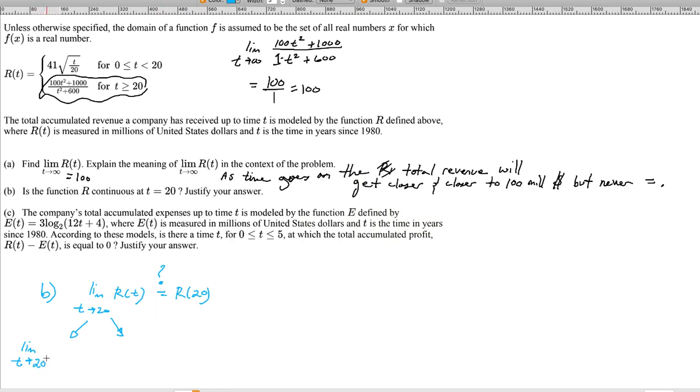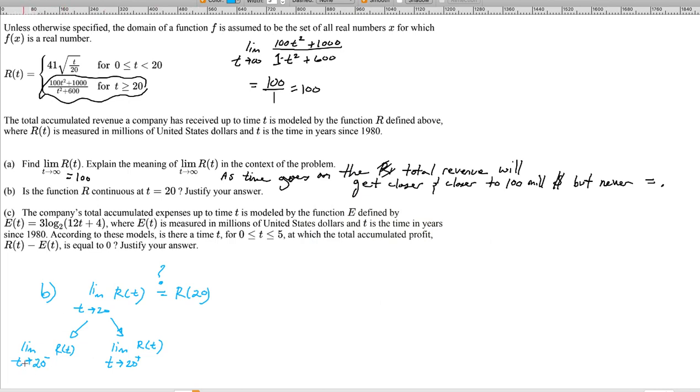So the limit as t goes to 20 from the left of r of t, and the limit as t goes to 20 from the right of r of t. Ideally, both of these equal whatever r of 20 is. I could plug 20 in and get that value, but let's do that at the end and see what we get for these limit values.